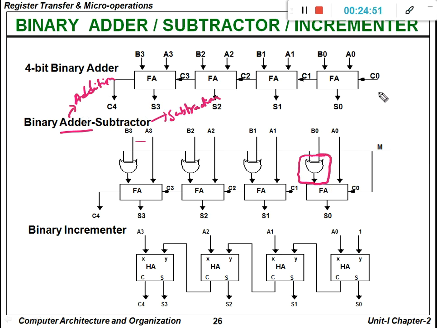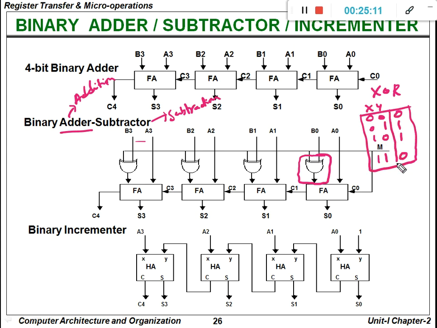Okay. So what is the truth table for XOR of X and Y? 0 0 0, 0 1 1, 1 0 1, 1 1 0. So this is the truth table for the XOR operation.